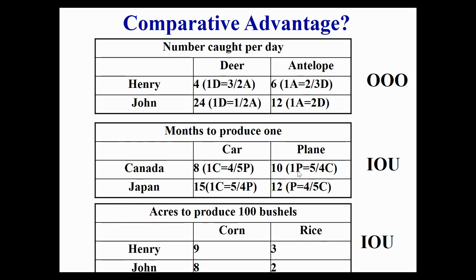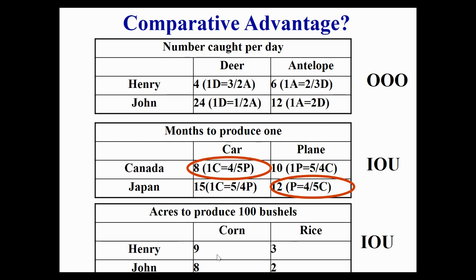And here, if we're going to do one plane, other under, so 10 over 8, that's 5/4. Now we do the same thing for Japan. Who has comparative advantage here? 4/5 is less than 5/4. So Canada would have comparative advantage here, and therefore Japan would have comparative advantage here.